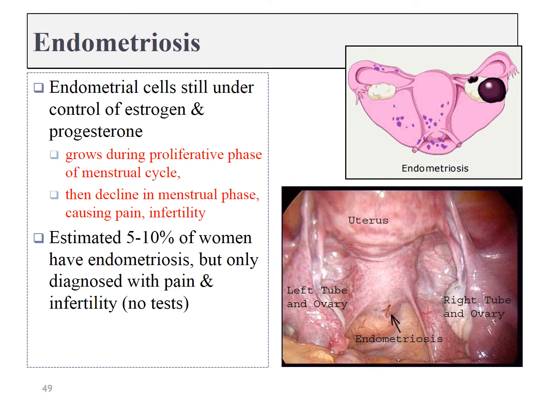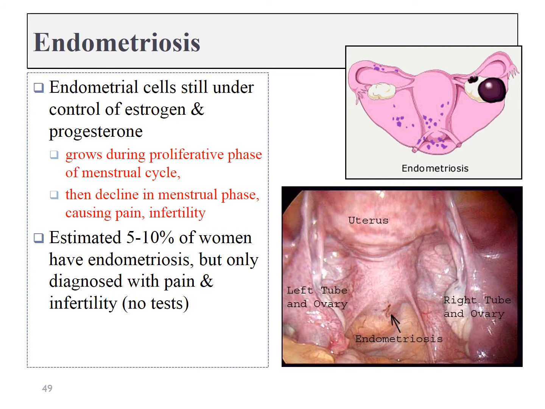How much pain? Well, since we haven't invented a painometer yet, we don't know. And many women don't know how much pain they should be experiencing during menses. Therefore, we don't really know how many women are suffering from endometriosis.